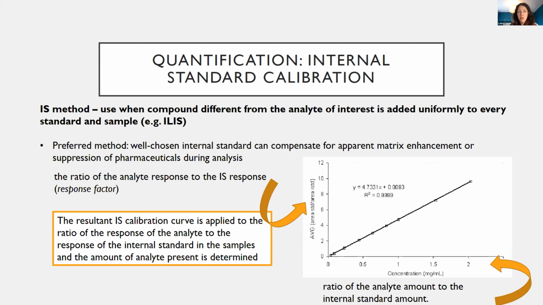So your resulting calibration curve is applied to the ratio of the response of the analyte to the response of the internal standard. Most modern software packages contain algorithms that automate this, but it's important that you check your peaks and that these are inspected to make sure they are integrated properly.